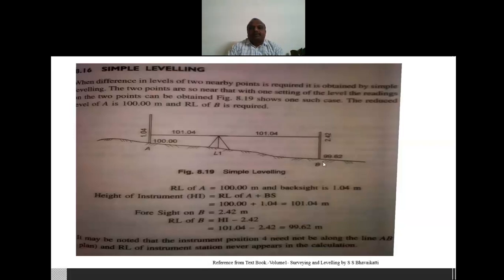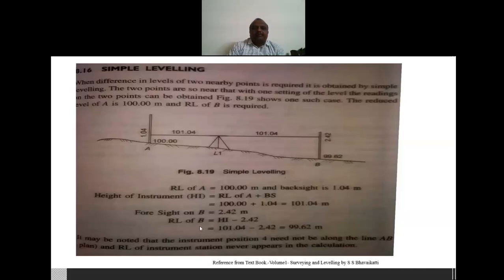And we should find out the unknown elevation, that is point B, station B. Then the auto level should be focused on station B, and the leveling staff reading should be recorded, that is 2.42. To find out RL of B, there is a formula.